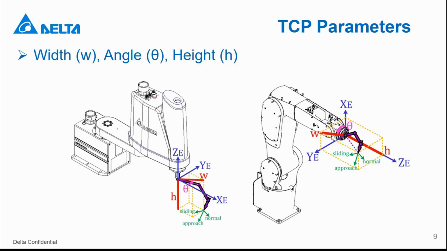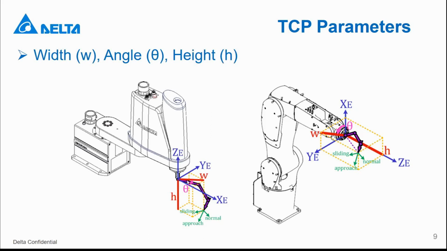So to teach TCP, we have these parameters: the width, the angle, and the height of the tool. Where are these parameters? You can see in these example pictures. Basically the height is the height from the tooltip to the end effector.